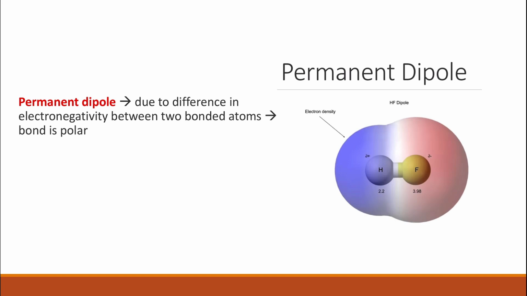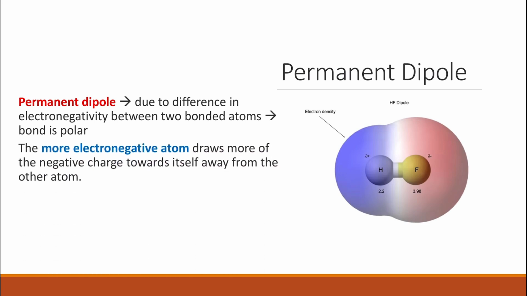It has the power to pull the electron pair towards itself more than the hydrogen does, and that creates a partial negative charge around the fluorine and a partial positive charge around the hydrogen.